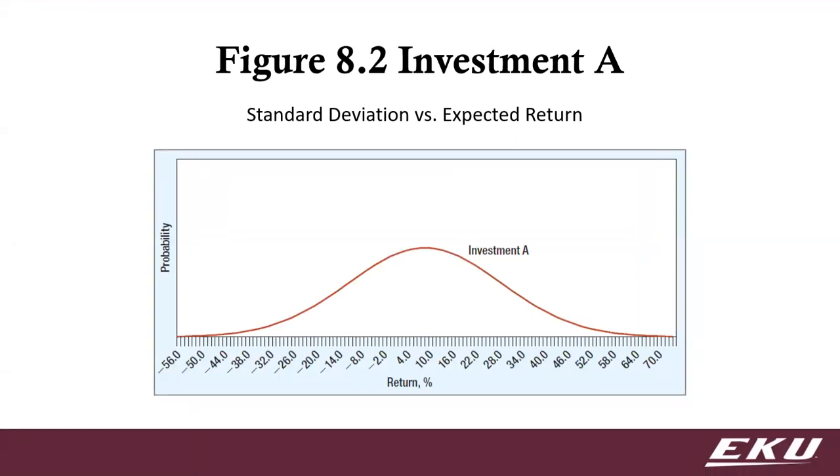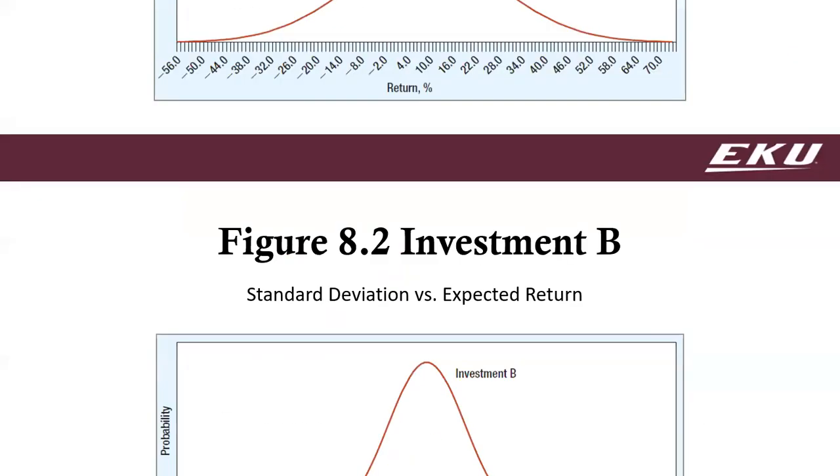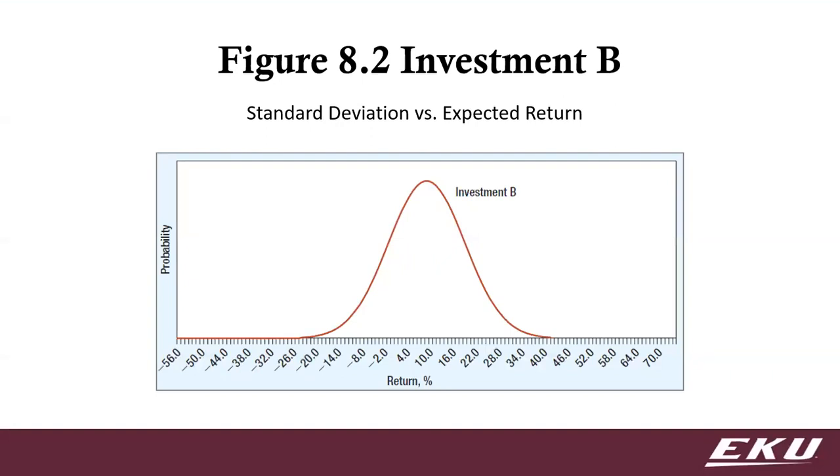This shows one investment with a particular mean, and you see the expected returns and how wide those are. And then here's another one, identical mean, but you see a lower standard deviation. The figures are much tighter around it.